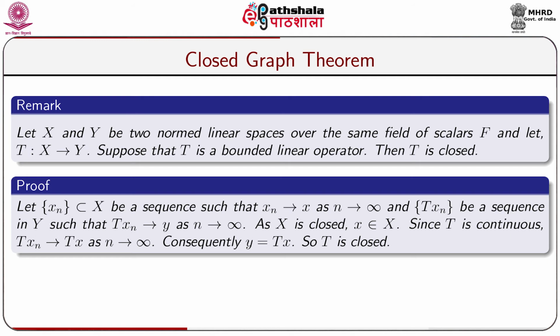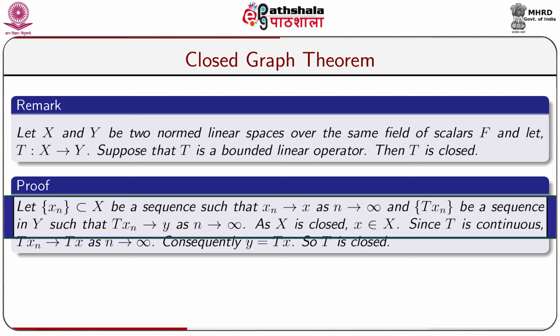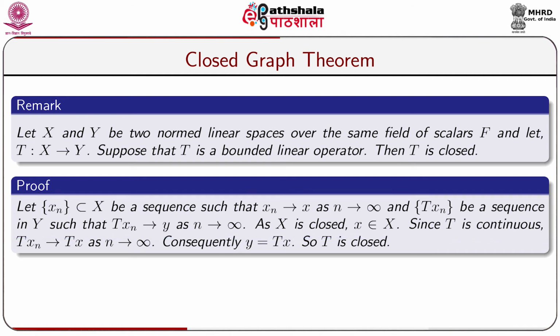The proof runs as follows: let the sequence xn be taken from X such that xn goes to x as n tends to infinity, and Txn be a sequence in Y such that Txn goes to y as n tends to infinity. As X is closed, x belongs to X, and since T is continuous, Txn goes to Tx as n tends to infinity.